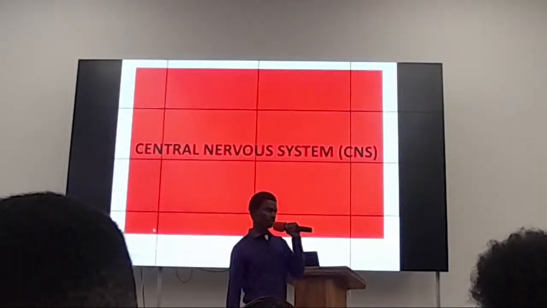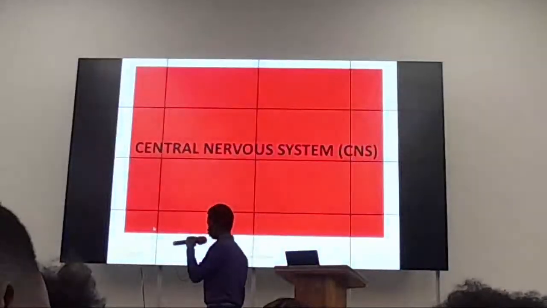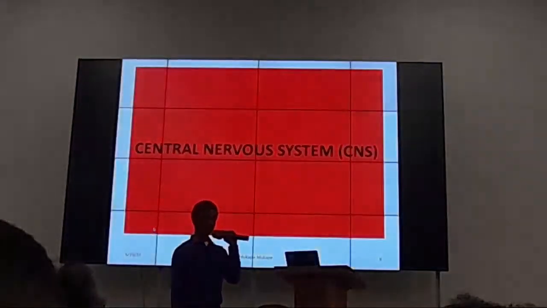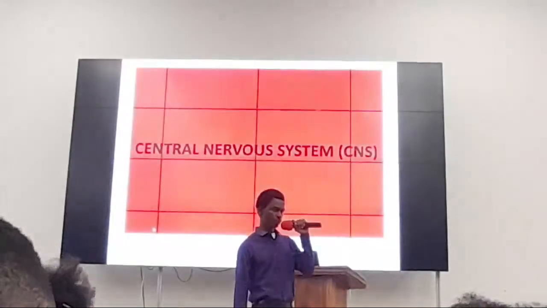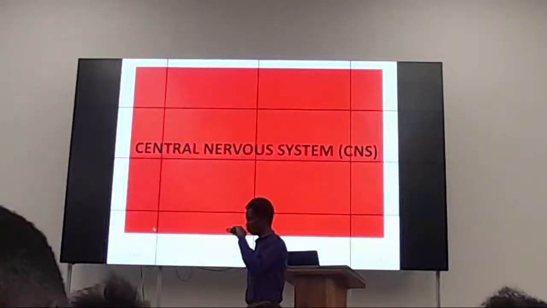So anatomically, the brain is divided into 3 parts. We have the forebrain, the midbrain, and hindbrain.